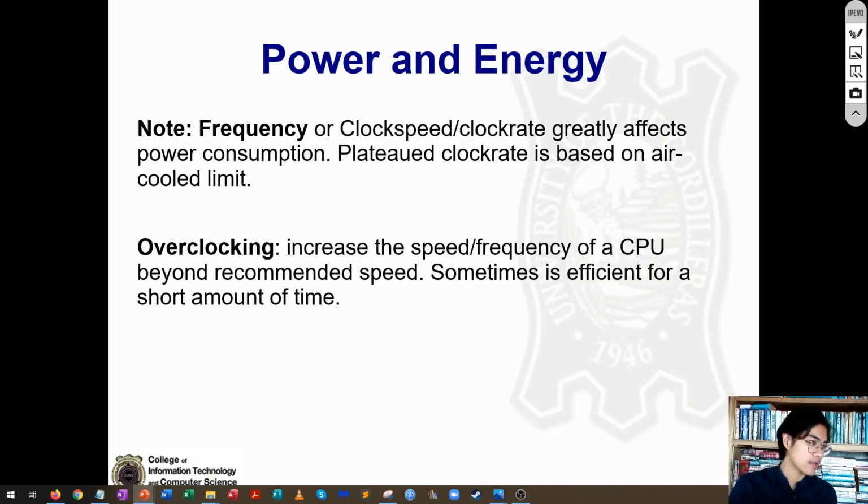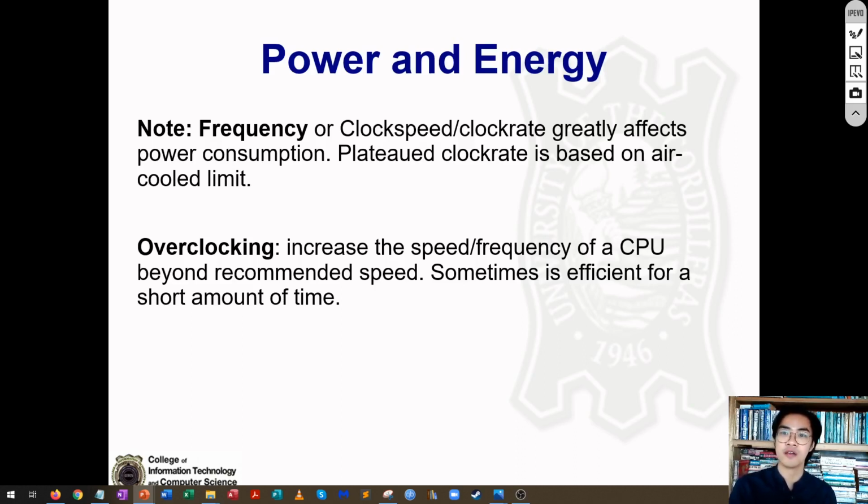Okay, now considering that you already have cooling systems, you already have cooling fans, and your TDP as a benchmark, some people like to do overclocking every now and again. When we say overclocking, it's just you increase the speed or frequency of a CPU beyond the recommended speed.